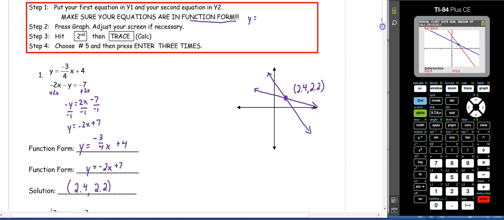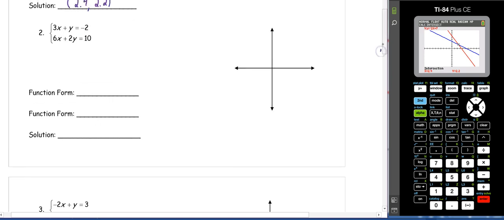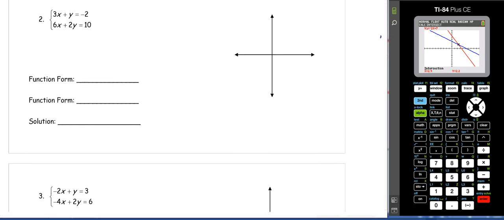So let's try another graphing. In number 2, we have the equations 3x plus y equals negative 2 and 6x plus 2y equals 10. The first equation we need to get into y equals form. So I'm going to subtract 3x from both sides, and I get y equals negative 3x minus 2.